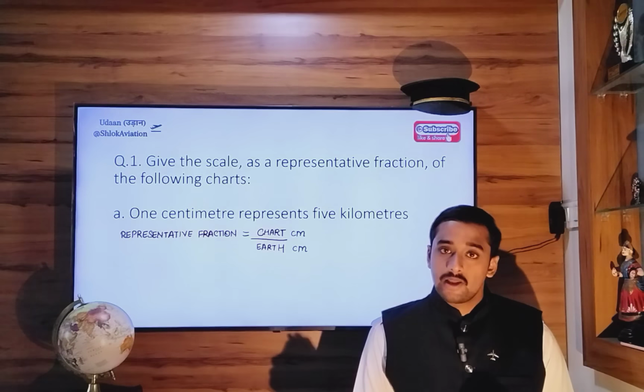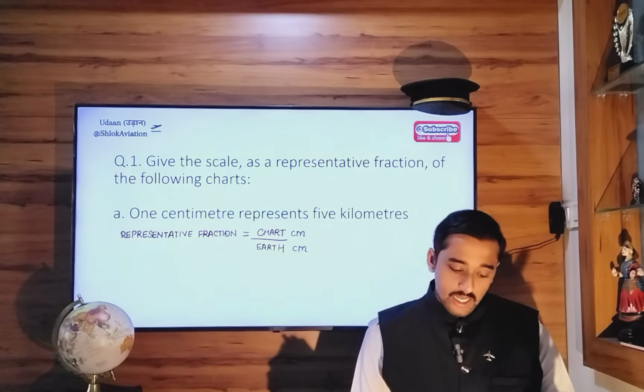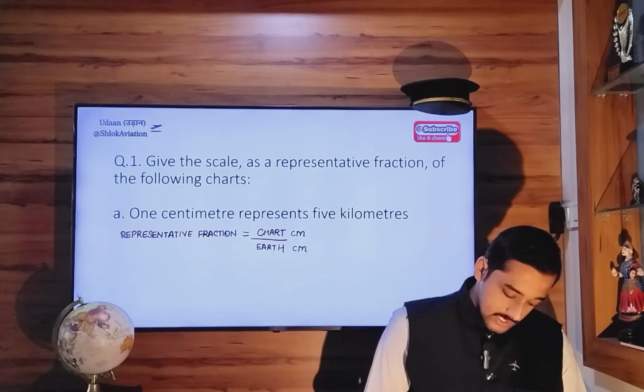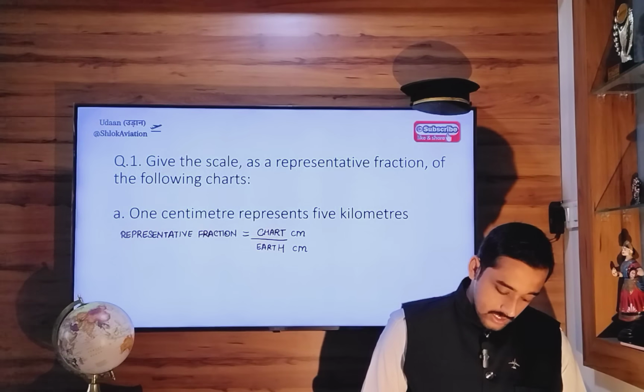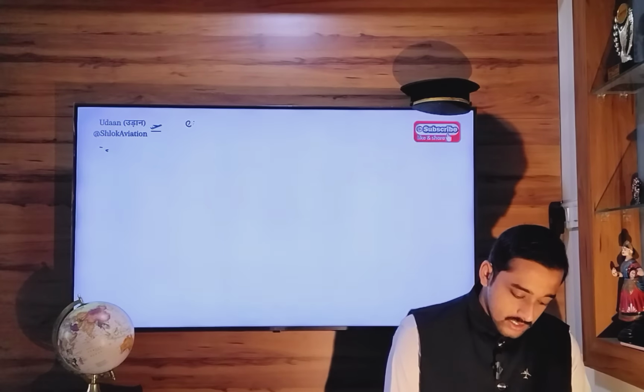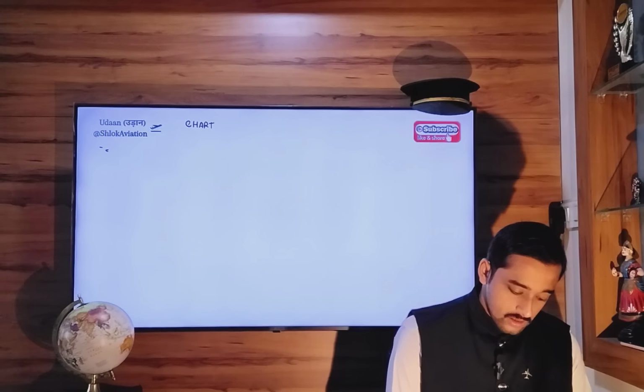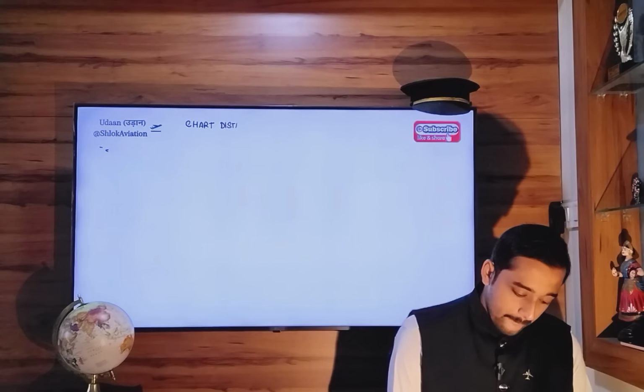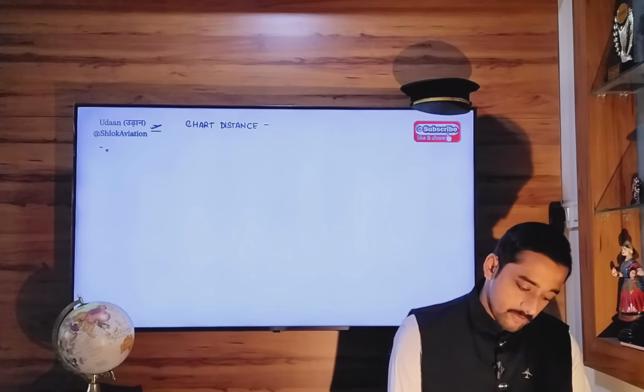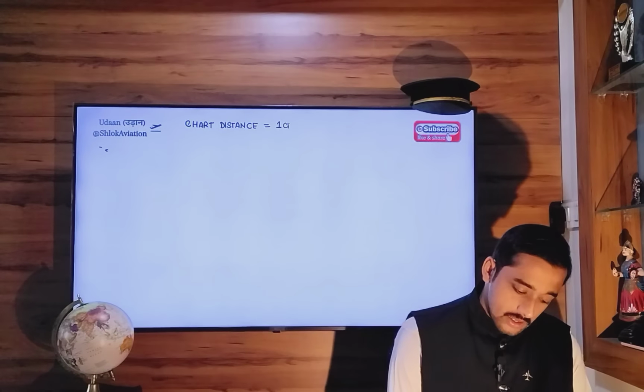We'll see how to do that. Now in this particular question, 1 centimeter is equal to 5 kilometers. So let's write it down. Chart distance equals 1 centimeter.